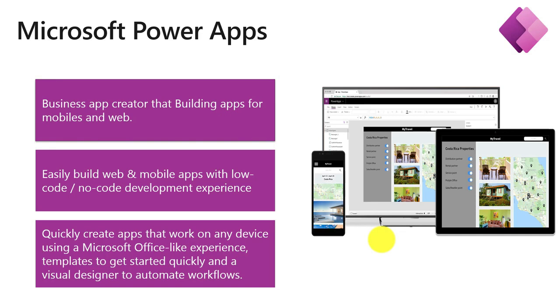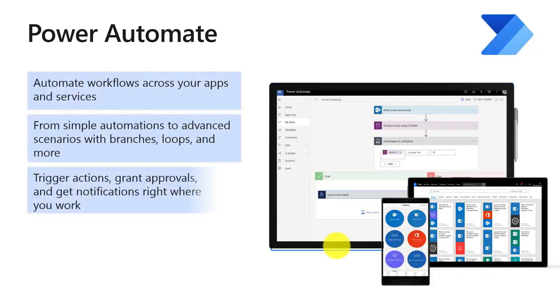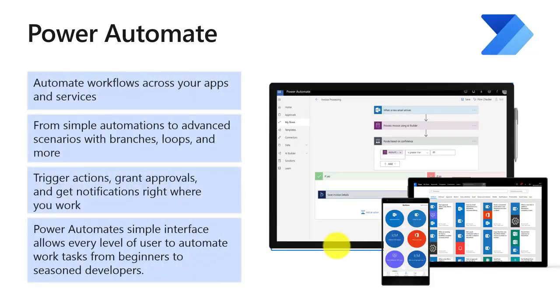Let's start with Power Apps. That's why it is called Power Apps. Power Apps are applications, and these applications are not only for mobile; they also work on any device, whether it's mobile or web.